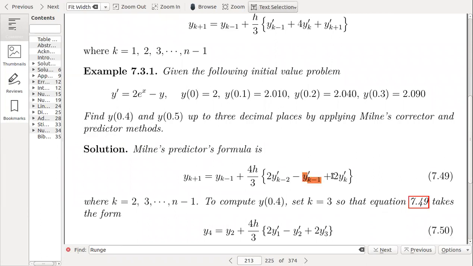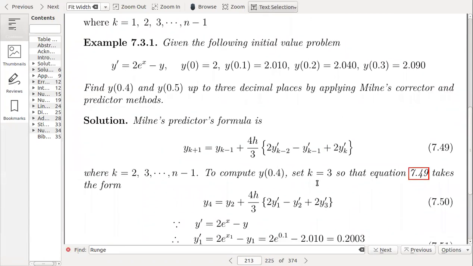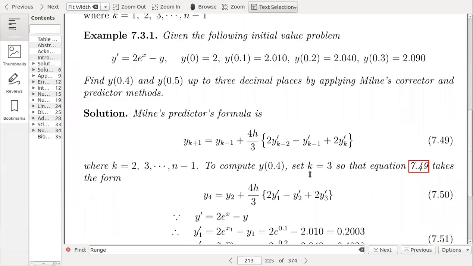To compute y at 0.4, we need to set k equal to 3, so this formula can be written as y4 equal to y2 plus 4h by 3 into 2 y prime 1 minus y prime 2 plus 2 y prime 3. So that equation takes this form.